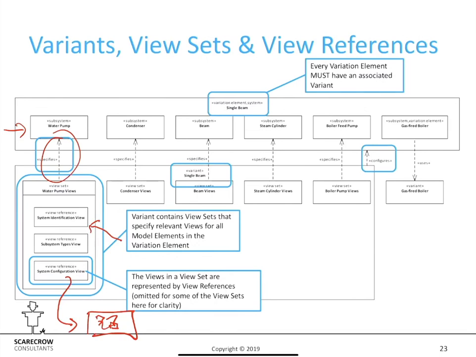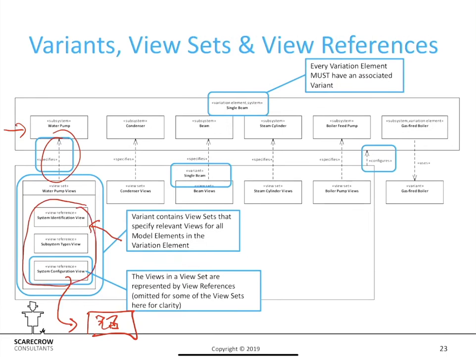So the addition of the view references into the view sets, that's the one part of the extraction that the engineer has to do, because there may be a whole load of views that the water pump actually appears on that aren't really of relevance to the variation, and you don't really need to export them. So these view references aren't automatically populated.